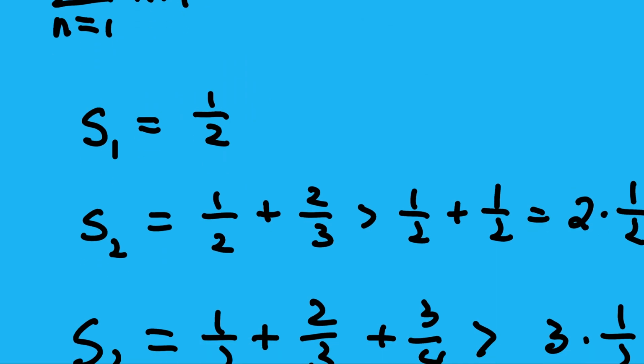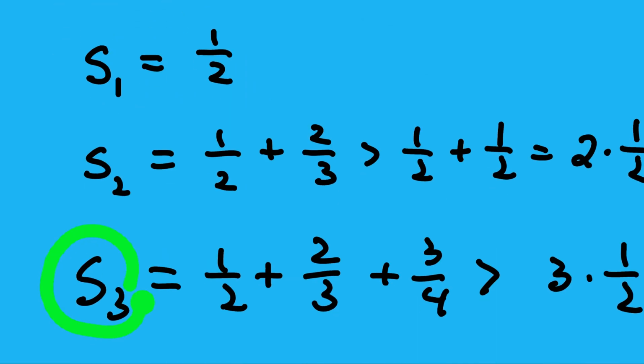S sub 3 is going to be all of S sub 2, but now with n equaling 3, we want to add in to S2 n over n plus 1. Since S2 was bigger than 2 copies of a half and 3/4 is bigger than a half, S3 is bigger than 2 copies of a half plus 1 more copy of a half, in other words, 3 copies of a half.